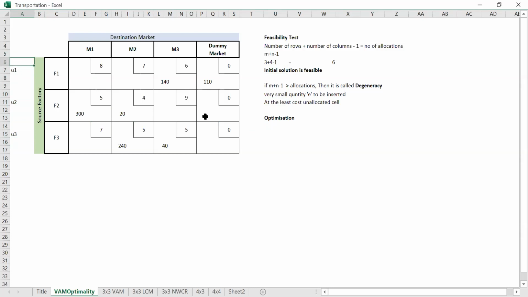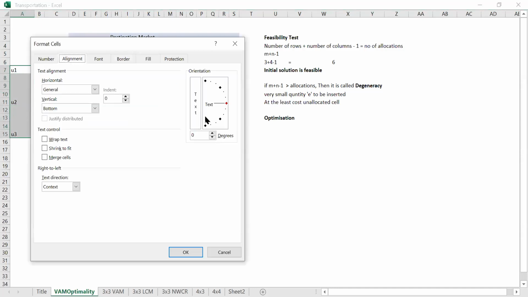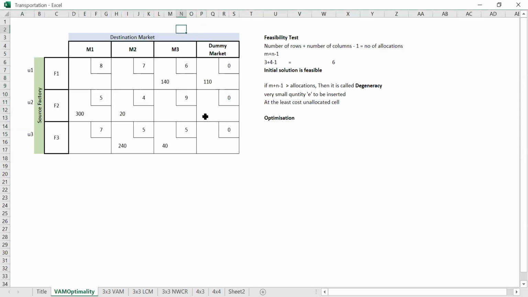And then columns are named V1, V2, V3, and V4.